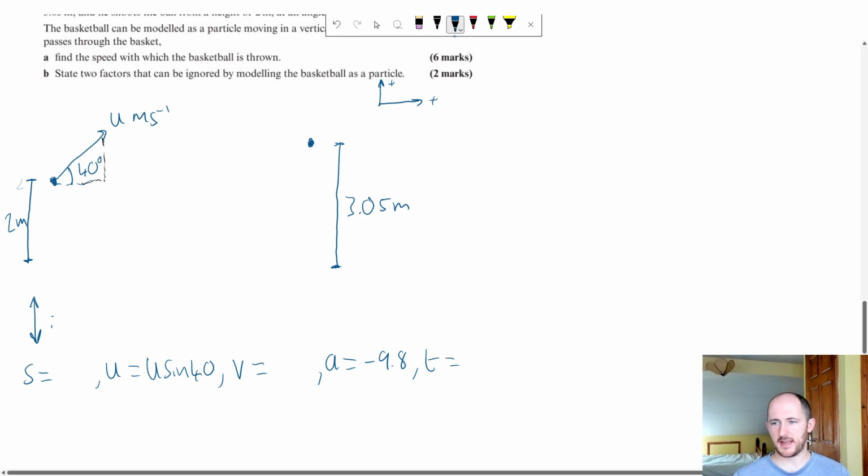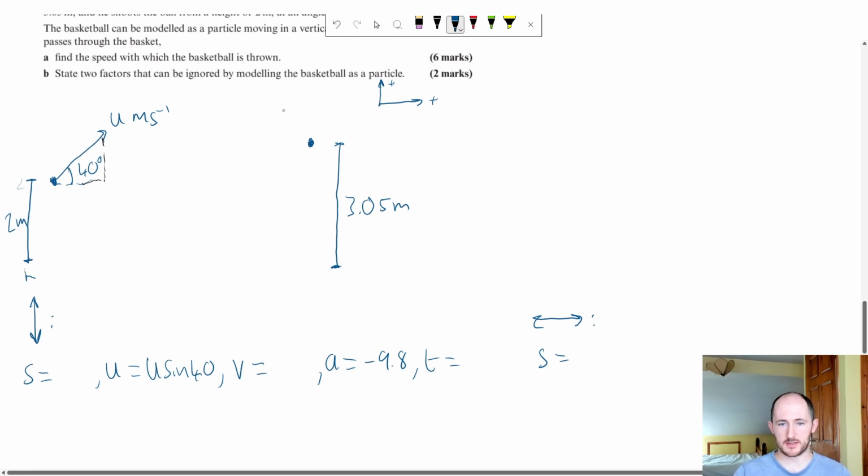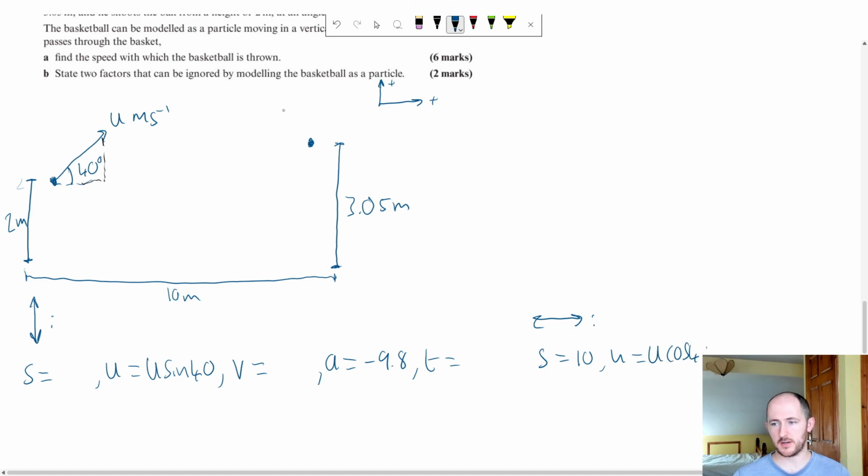If we do the same thing horizontally, and literally we're going to label it the same thing, we don't know how far... he's 10 meters from the basket, so I did actually miss something. That's good. So the ball travels 10 meters. U is, again, going to be U cos 40 because we're looking at the adjacent part of this triangle.